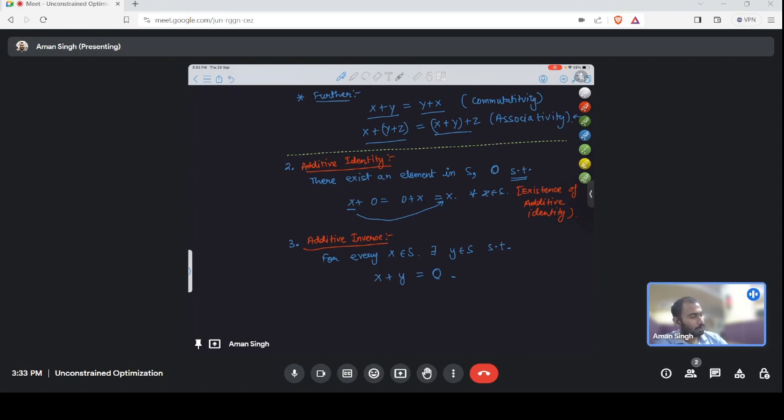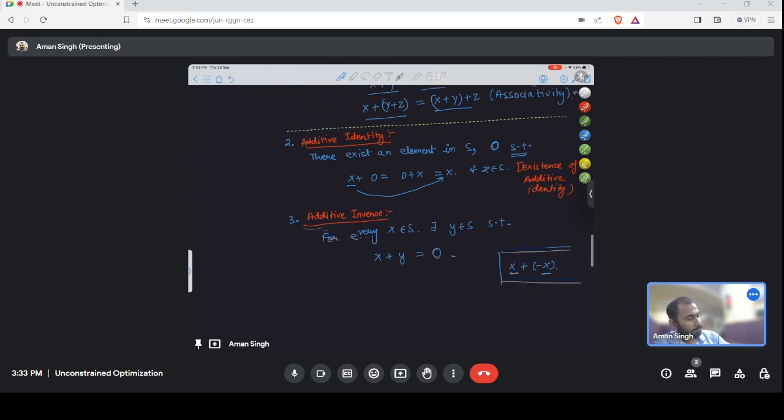This is necessary. So in general terms, the way we define the summation operation in our general real number case, the additive inverse is just the negative of that real number. But you can define your operation in such a way that this may not be the case. So we will not use those kinds of vector spaces in optimization, but it's good to know that there are vector spaces in which summation is defined differently, so its additive inverse is also different.